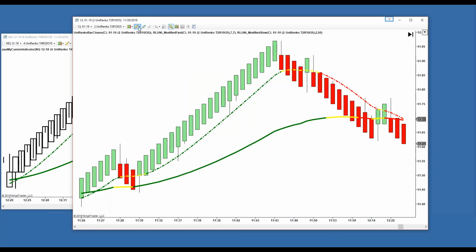So you know, on a move up like this, if you see a pullback here on a wick down to support, you can enter the trade because the bears have pulled the market down.